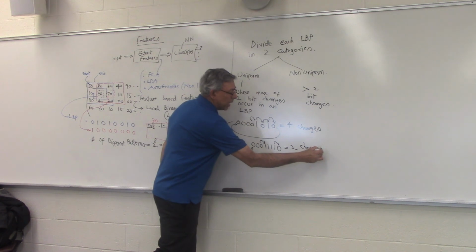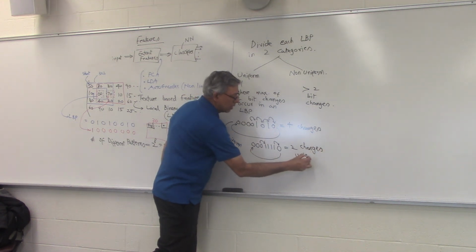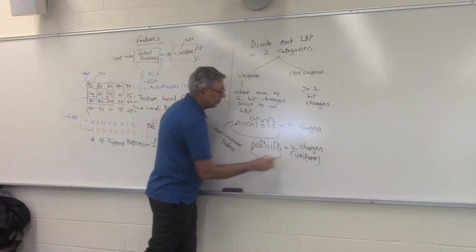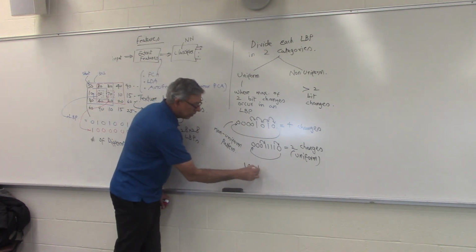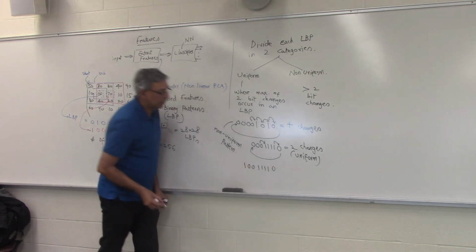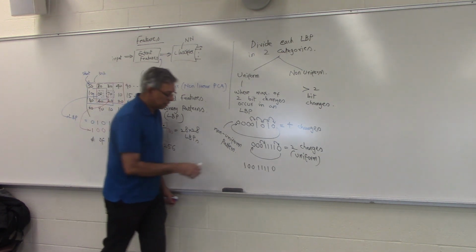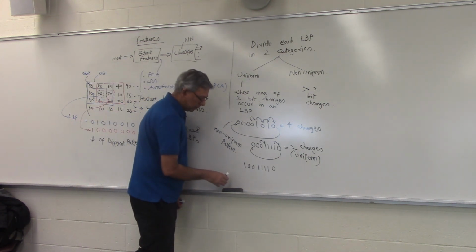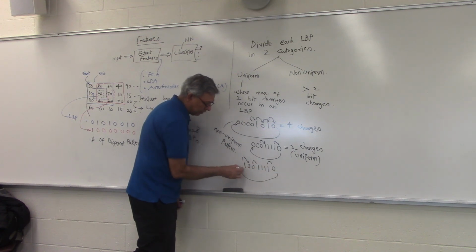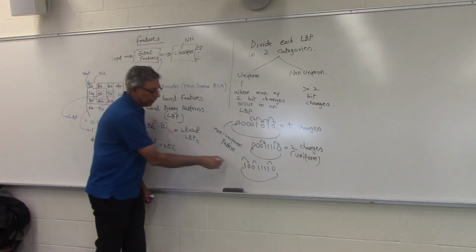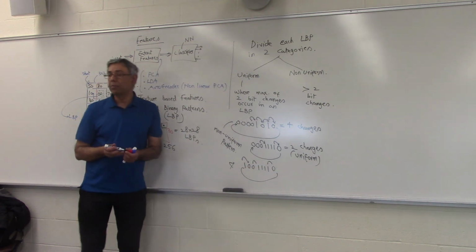So what kind of pattern is it? Uniform, right? Okay, by the way, what if I had 1, 0, 0, 1, 1, 1, 1, 0? Yeah, so 1, 2, 3, and then further over here, correct. 4 changes over here, so this is non-uniform, right?